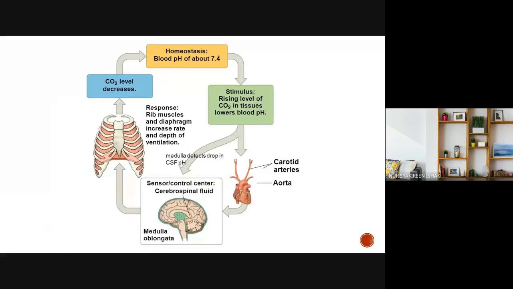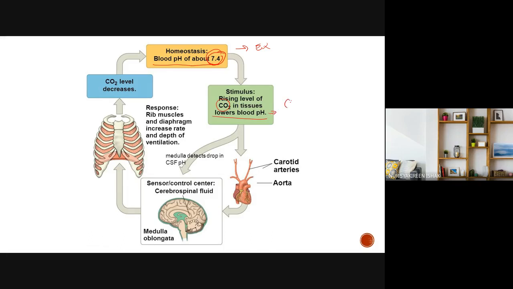So you can see here, for homeostasis, your blood pH must be maintained at 7.4. But when your body is producing more carbon dioxide, for example when you are exercising and moving more, the stimulus is the rising level of carbon dioxide in tissue, which lowers blood pH.